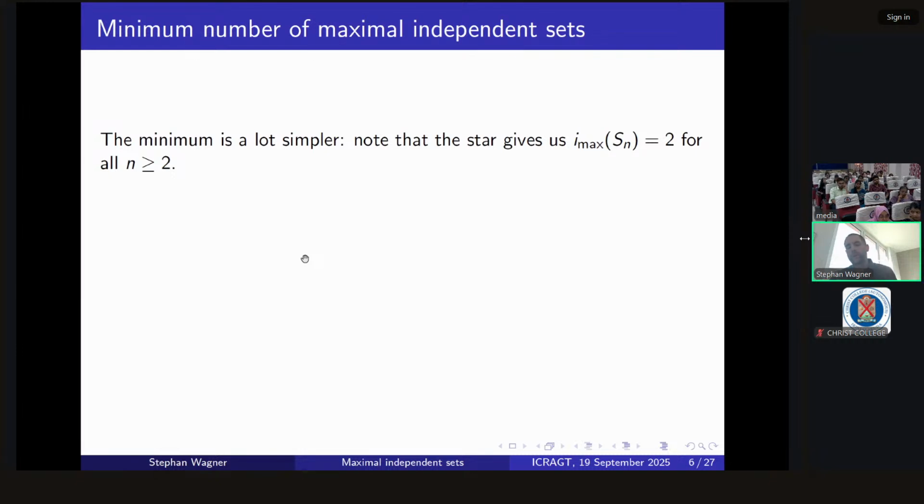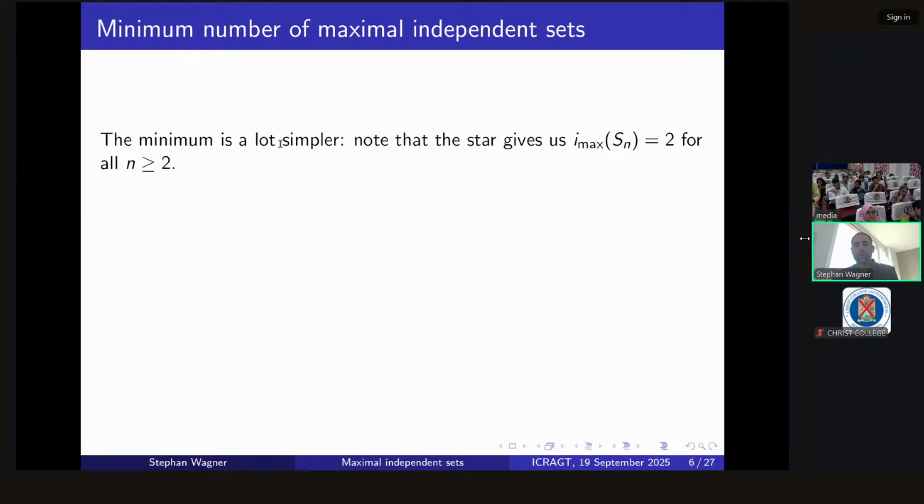So what's the minimum number of maximal independent sets a graph can have? Generally speaking, this is quite easy, and there's not much to say about it a priori, because the star has exactly 2 maximal independent sets. That's actually true for any complete bipartite graph.